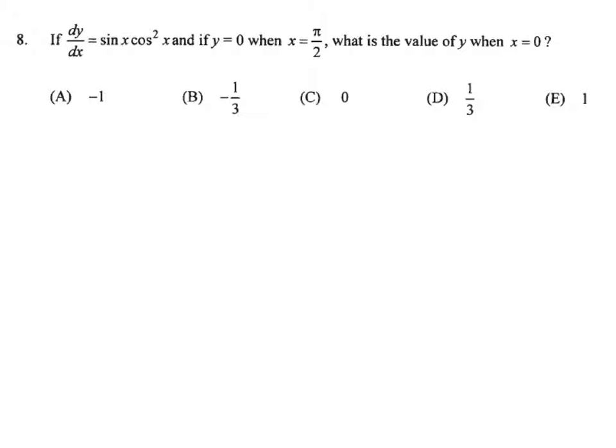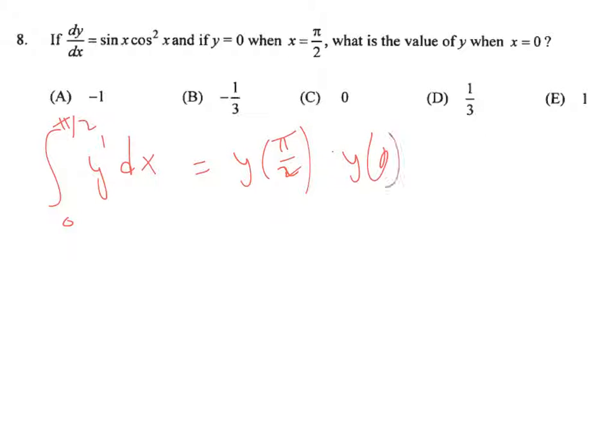Okay, so another way of doing this problem is to think of an integral, because we basically have y prime. You could think about the integral of y prime dx from x equals 0 to x equals pi over 2, which is going to equal y of pi over 2 minus y of 0.